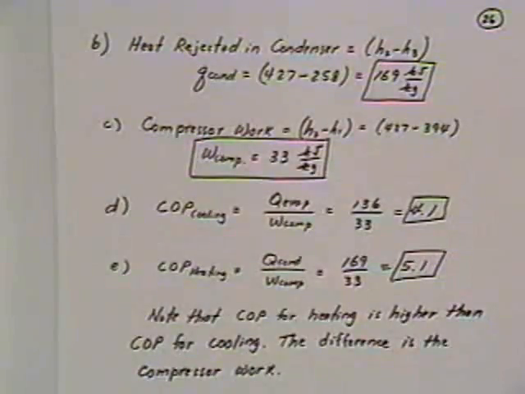Now, notice that I didn't put in the sign convention in the case of heat rejected or the work. The reason is that if you're asked what the heat rejected is in the condenser, since it is given as heat rejected, I just use that as a positive term: 169 kilojoules per kilogram is the heat rejection.